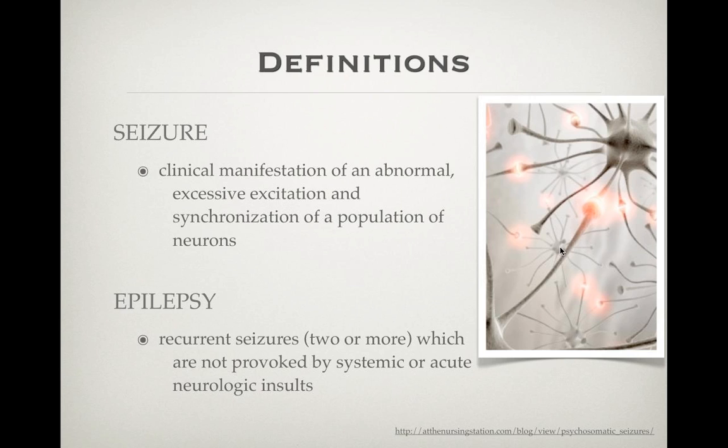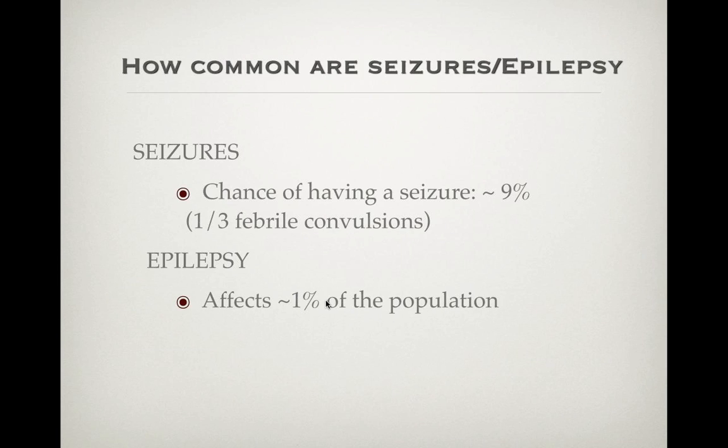Epilepsy, on the other hand, is recurrent seizures. So this excessive excitation, or these electrical bursts or electrical storms in the brain, two or more of those which are not provoked. So these are unprovoked seizures. There's no other cause.